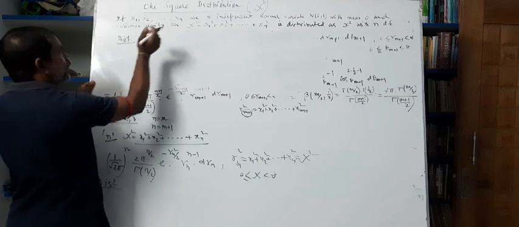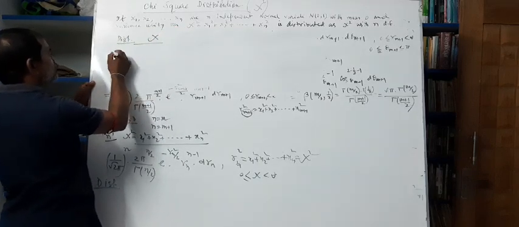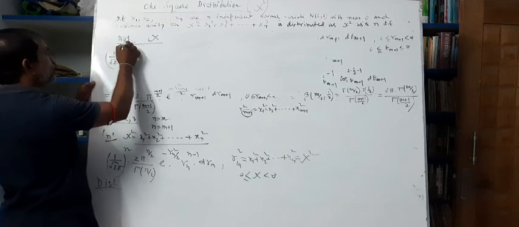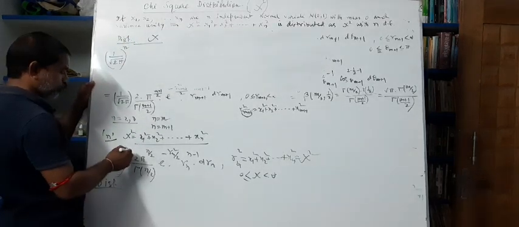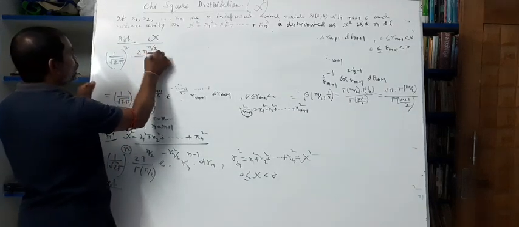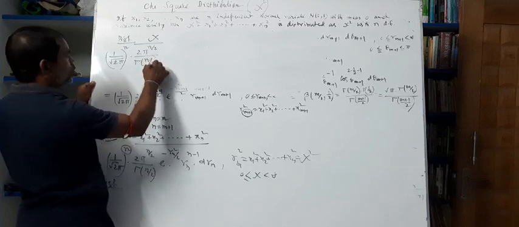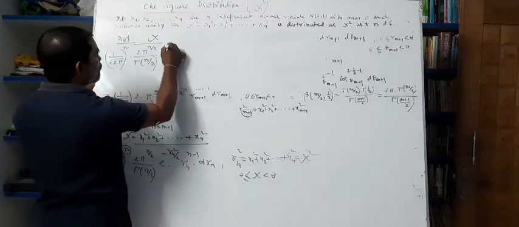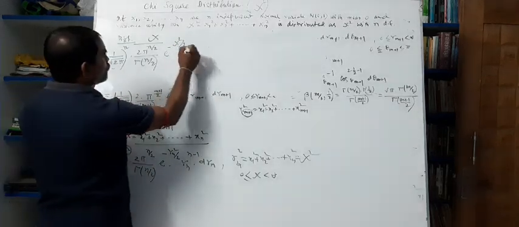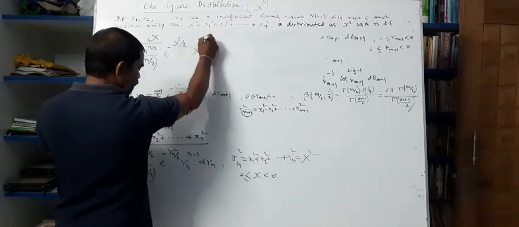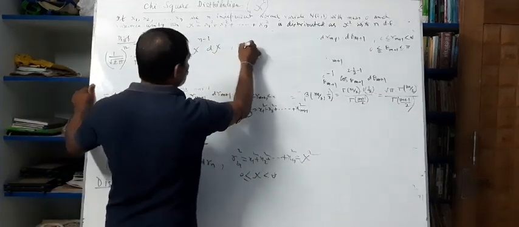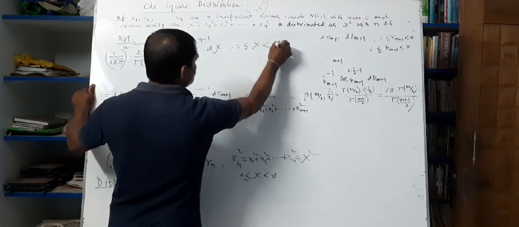Distribution function of chi can be written as 1 by root over 2 pi whole to the power n, 2 into pi to the power n by 2 divided by gamma of n by 2 e to the power minus chi square by 2 into chi to the power n minus 1 d of chi, where 0 less or equal to chi less than infinity.